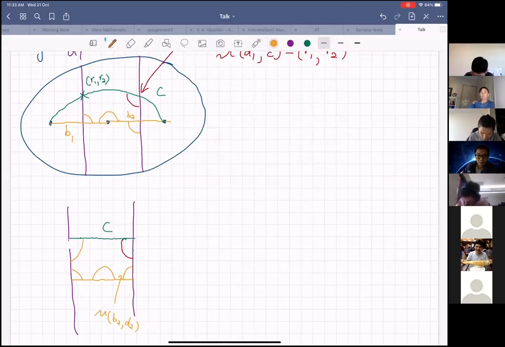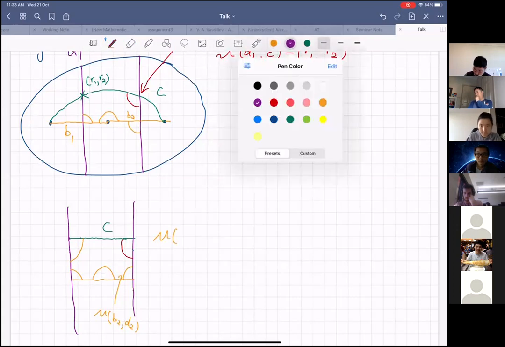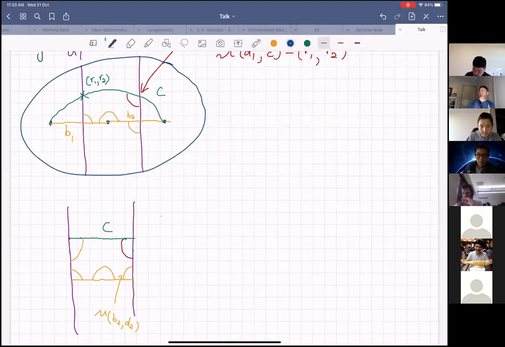Okay, so let's try to add up all these circles. What do we get? So we start from this one, the red one. Red is the one we want to compute, is d2 with c. And then going across c, we don't move RP1.